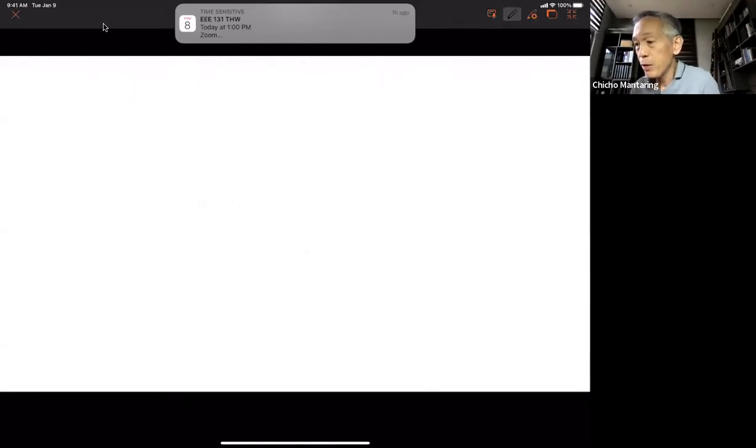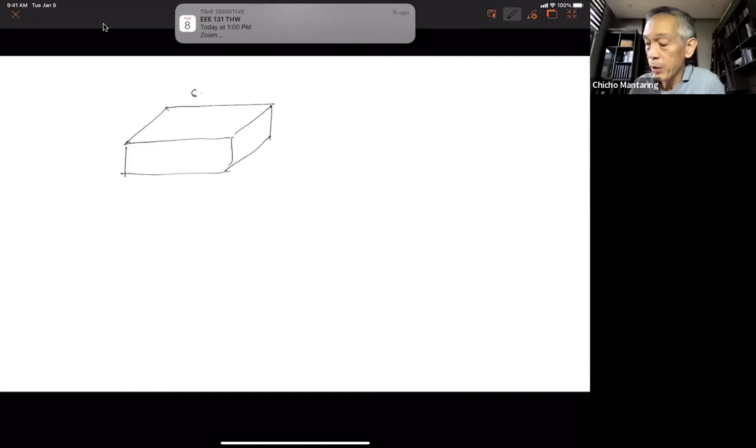Let me give an example. If I have a semiconductor, let's say this is my semiconductor. So let's say this is the x-axis. And let's say I manage to inject electrons here. No?